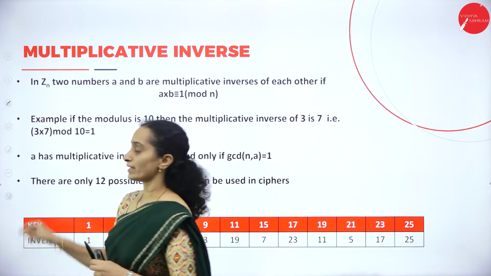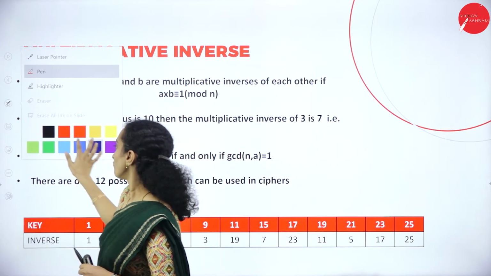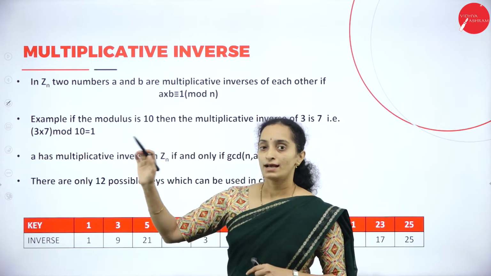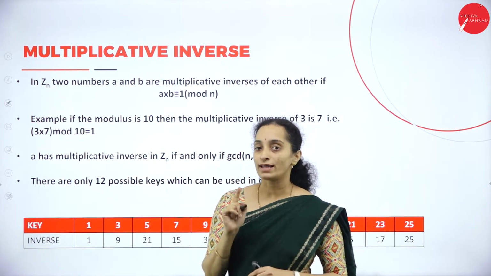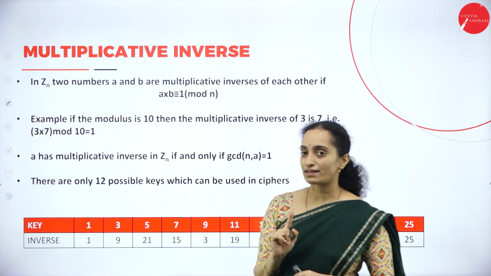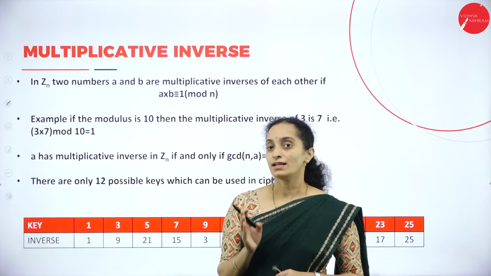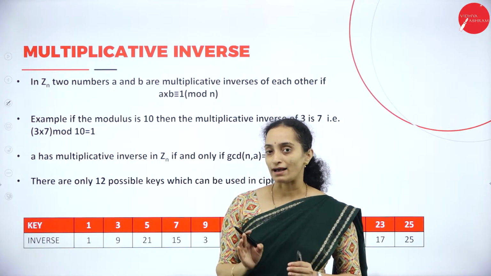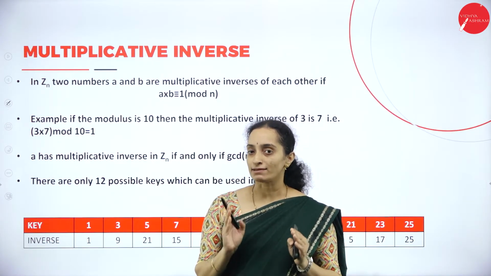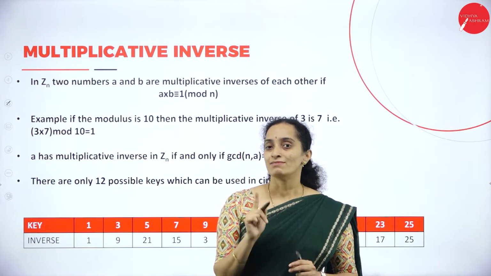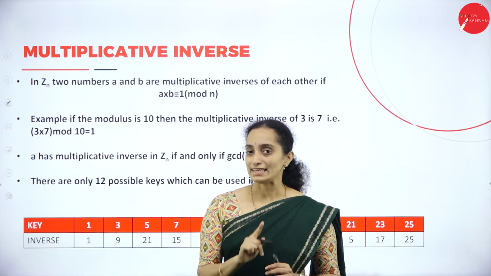In general, we can assume that in no modulus can an even number have a multiplicative inverse. That means you have to generate a key which is not even.